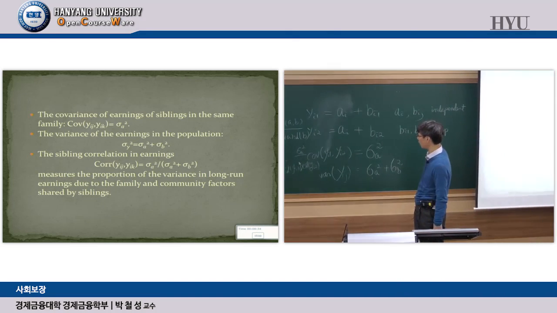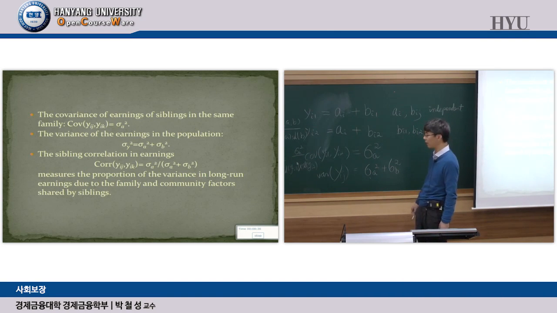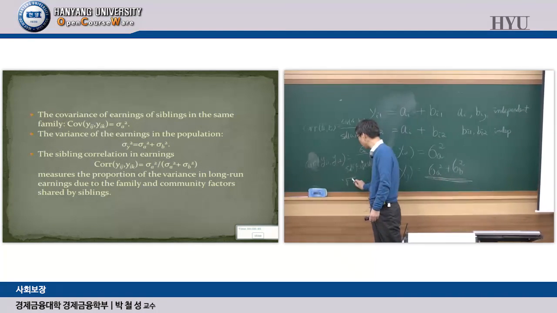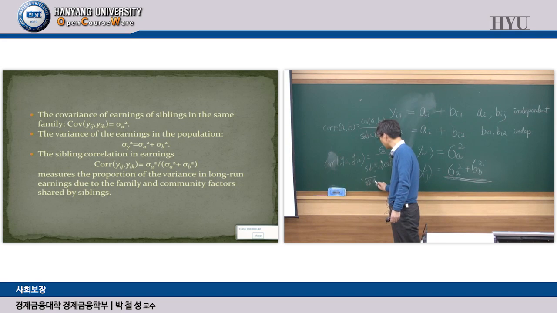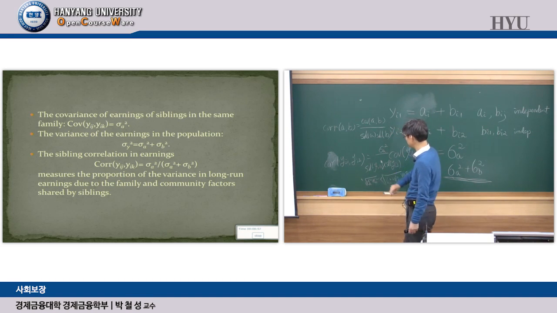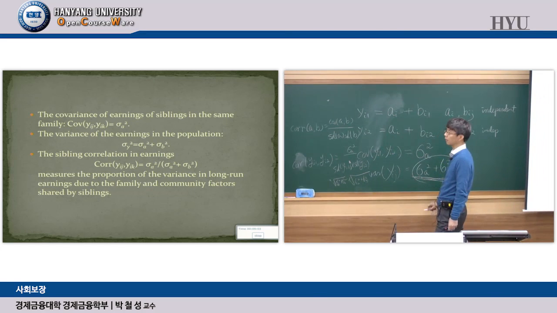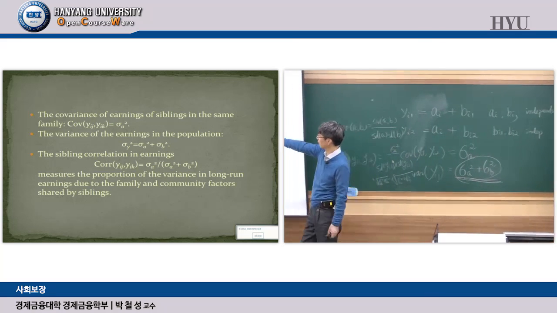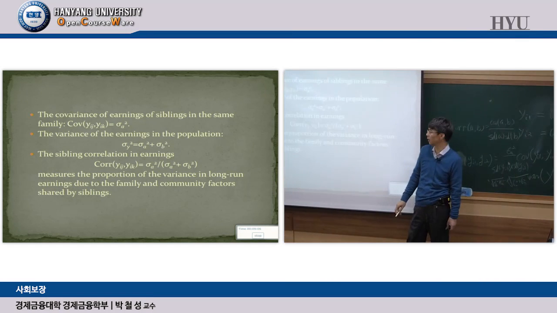Now, the standard deviation of yi1 is the square root of the variance of yi1, which is just the square root of this. So the standard deviation is the square root of sigma a squared plus sigma b squared, times the square root of sigma a squared plus sigma b squared. If you do that, it basically becomes this. So that's the second equation part.